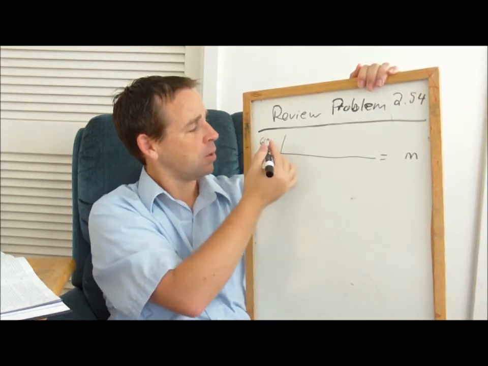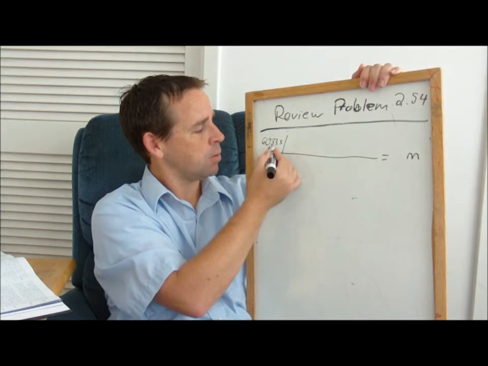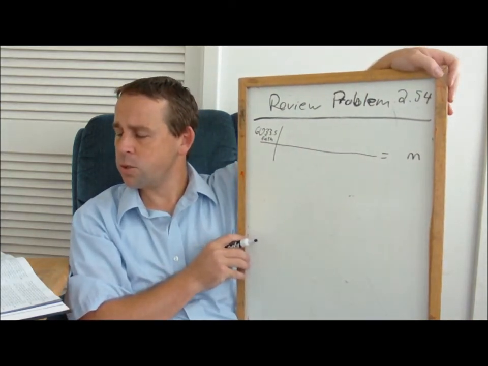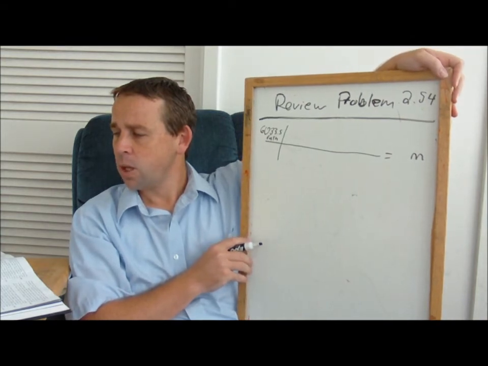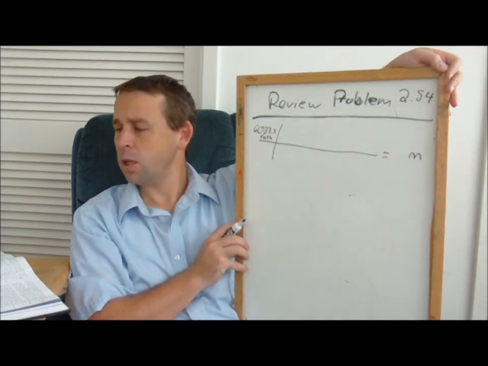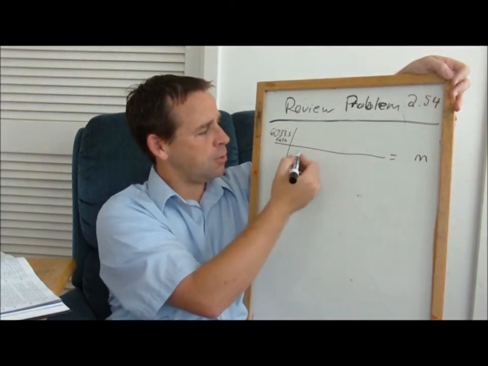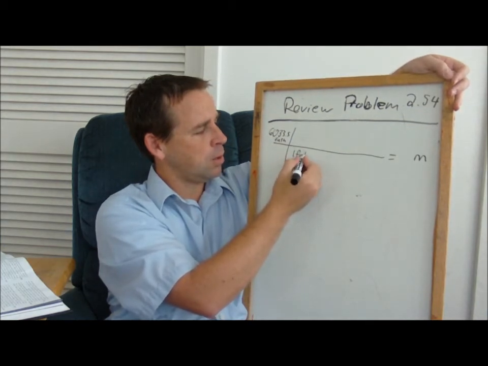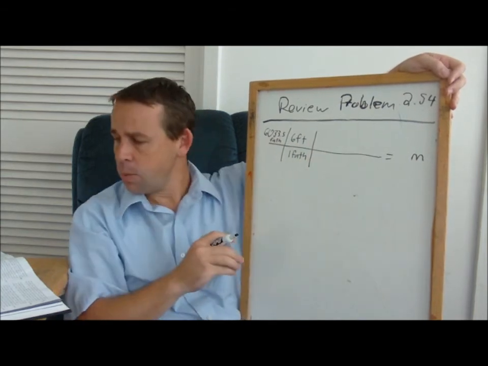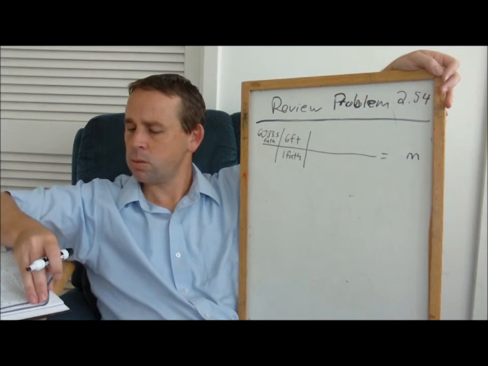Then we can convert fathoms to feet. 1 fathom, it says, is 6 feet. And then we can convert feet to meters, because that's what we want.